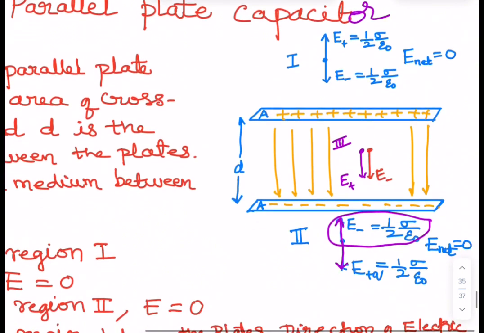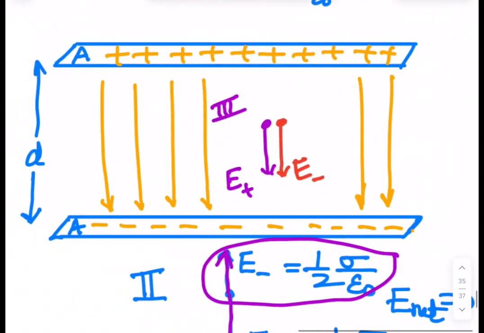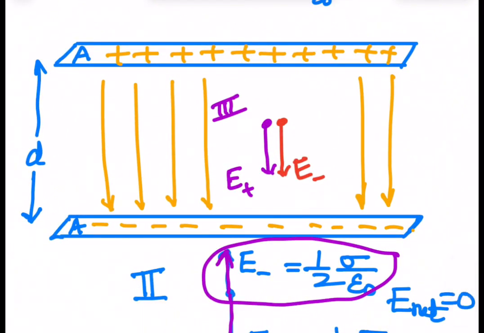And then inside the capacitor, select one point, say P, in the third region, the region between the plates. The electric field due to the positive plate is away from the positive plate, hence E plus is written.